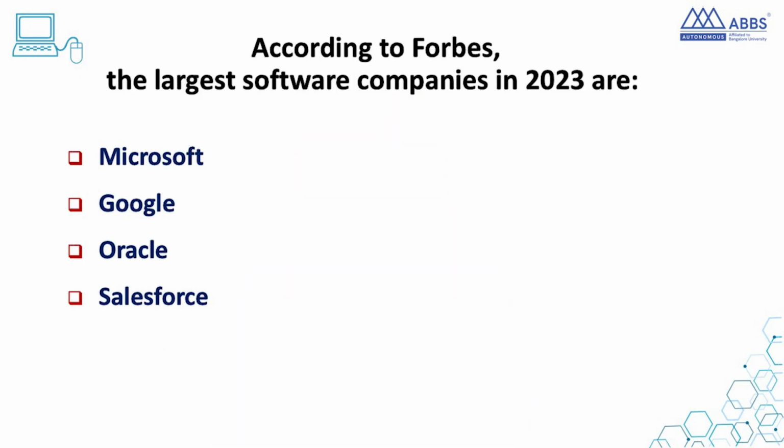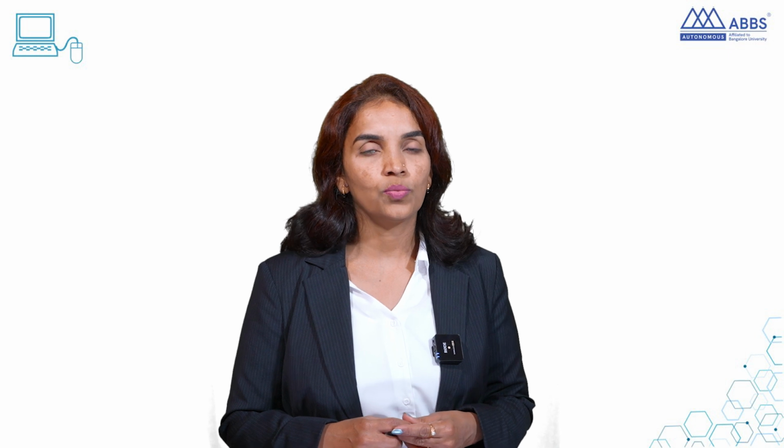According to the recent Forbes report, the largest software companies of 2023 are Microsoft, Google, Oracle and Salesforce. Microsoft produces the Windows operating system and other application softwares, while Google produces the majority of Google services and products. Oracle produces ERP packages and databases. Salesforce is one of the world's leading CRM, customer relationship management, software producers.